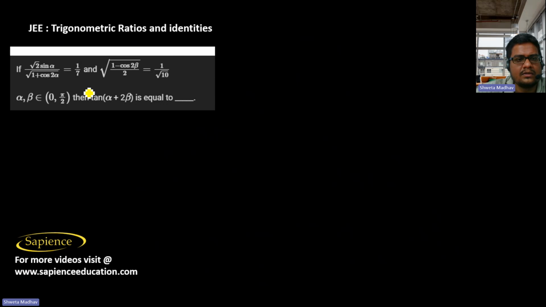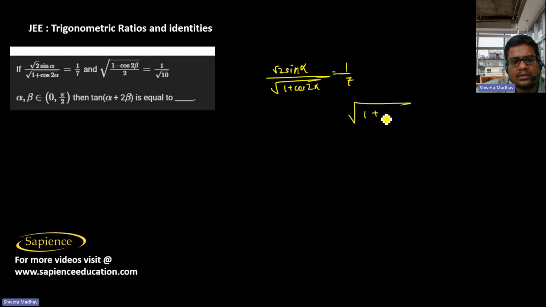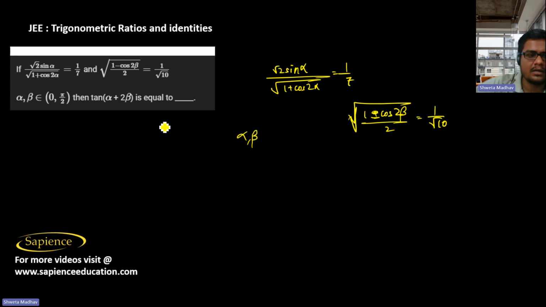And here it is told if root 2 sine alpha by root over 1 plus cos 2 alpha is equal to 1 by 7, and root over 1 minus cos 2 beta by 2 is equal to 1 by root 10, and alpha and beta are two acute angles.